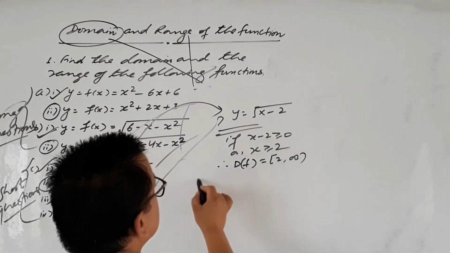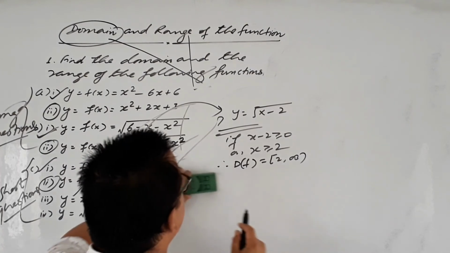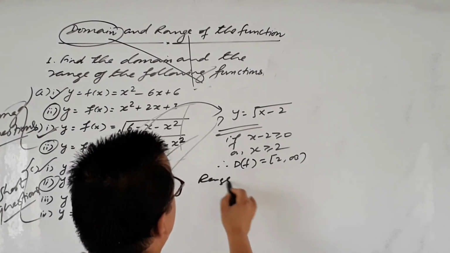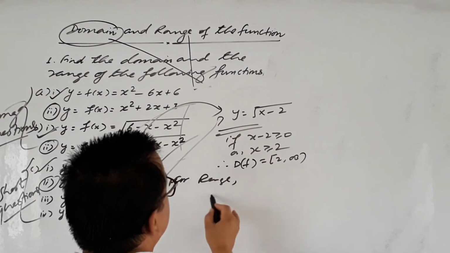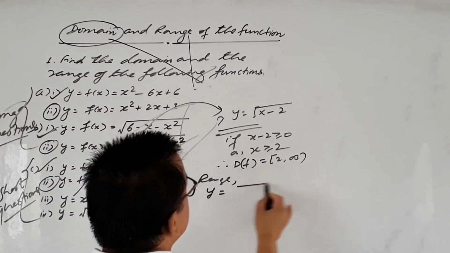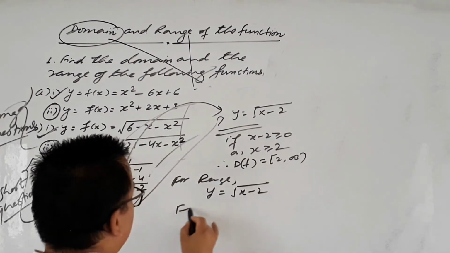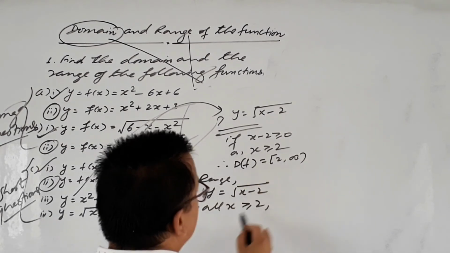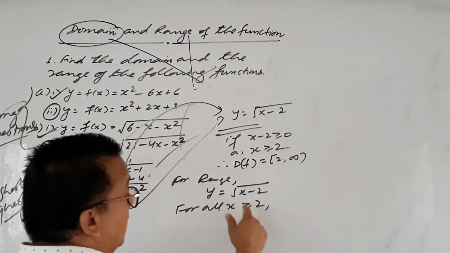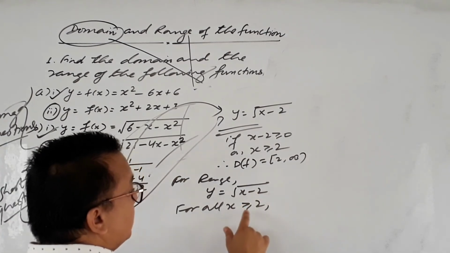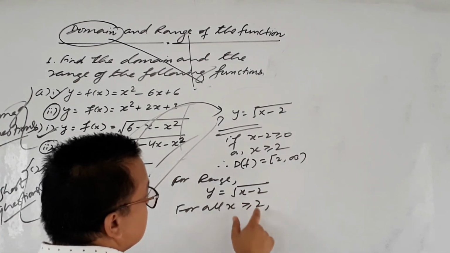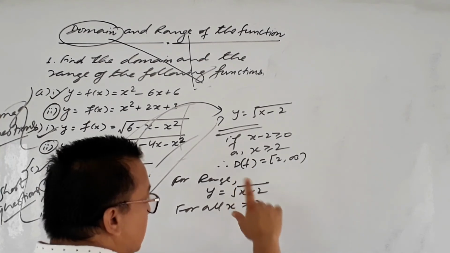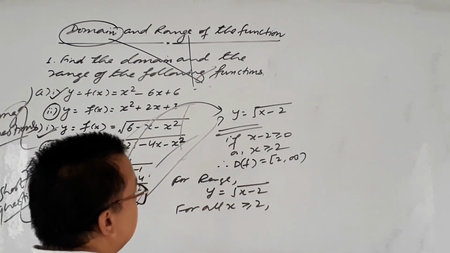And how to find the range? We can find it in a very simple way. For the range, y equals root x minus 2 for all x greater than or equal to 2, because that is the domain. If we put values of x greater than or equal to 2, starting from 2, then 2 minus 2 is 0, and we will get values greater than or equal to 0, right?